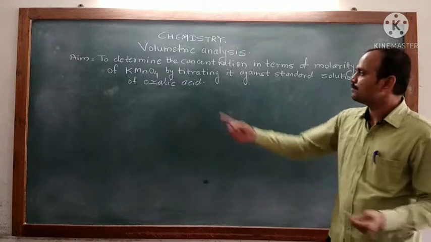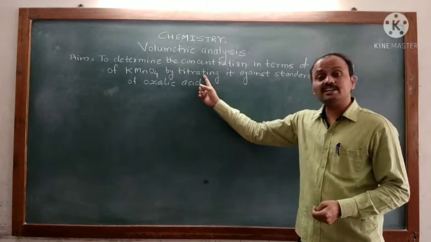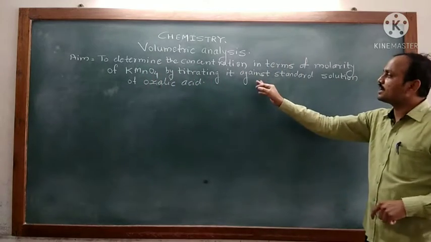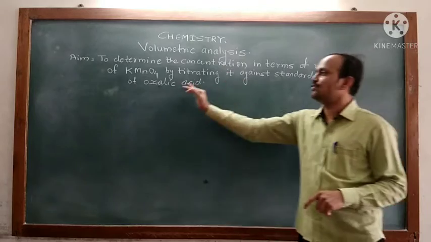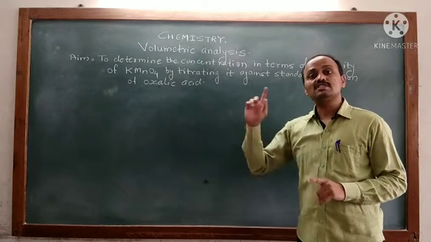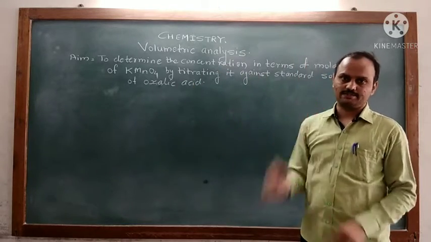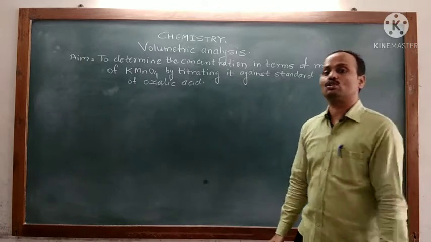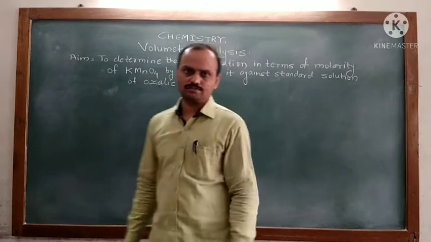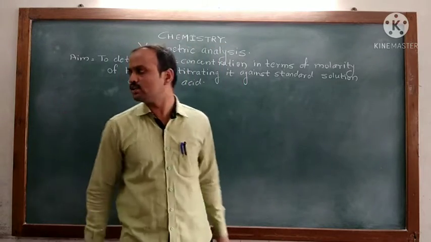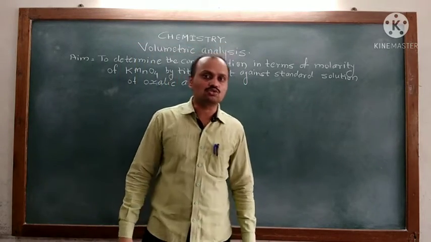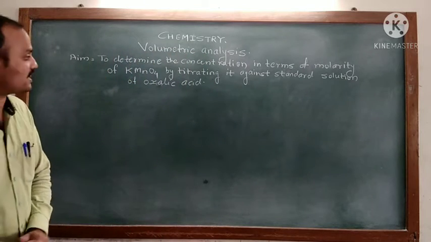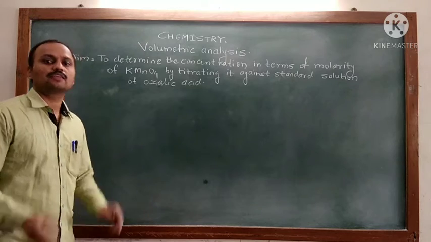How do we determine it? By titrating this KMnO4 solution against a standard solution of oxalic acid. Standard solution of oxalic acid means we know the concentration of the oxalic acid solution. What is the definition of a standard solution? A standard solution is a solution whose concentration is exactly known to us.